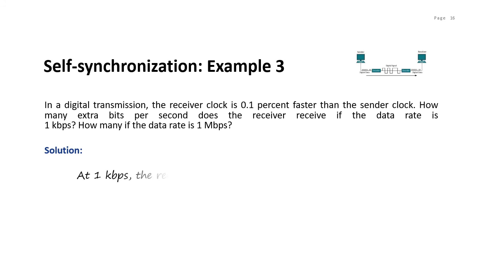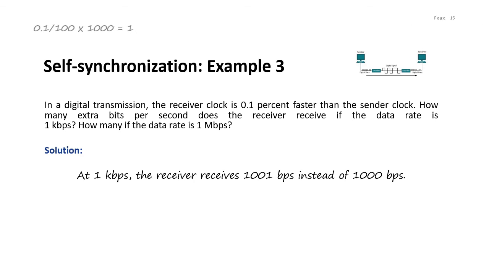At 1 kilobit per second, the receiver receives 1001 bits per second instead of 1000. We calculate 0.1 divided by 100, which is 0.1%, multiplied by 1000 bits per second, and we get 1. So for 1000 bits sent, we receive 1001 bits, which is 1 extra bit per second.